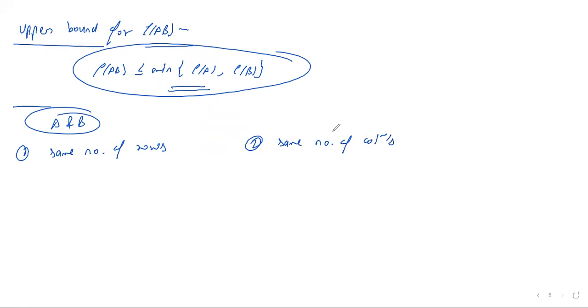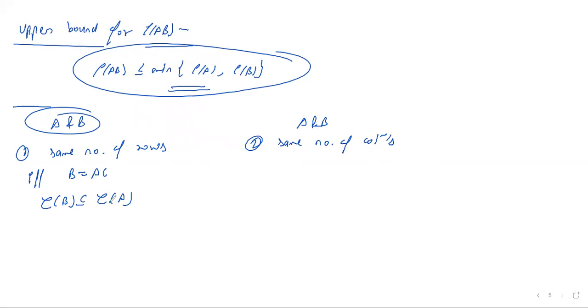Okay, these are my conditions for these matrices A and B. Now, B is equal to AC if and only if the column space of B is a subset of the column space of A.